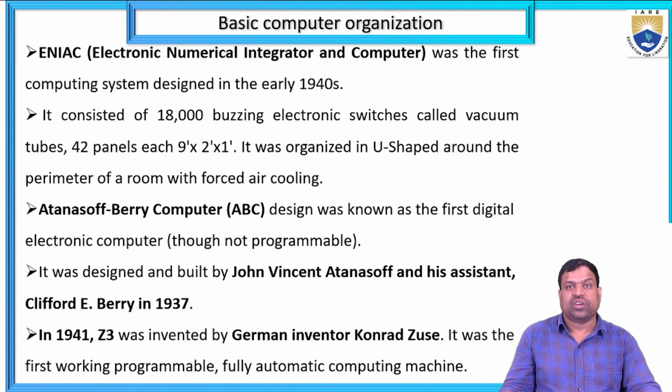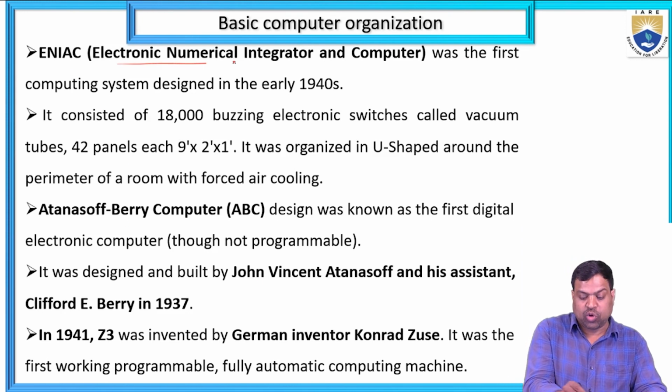ENIAC, Electronic Numerical Integrator and Computer, was the first computer system, designed in the early 1940s. It consisted of 18,000 buzzing electronic switches called vacuum tubes and 42 panels, each 9 inches by 2 inches by 1 inch. It was organized in a U-shape around the perimeter of a room with forced cooling.